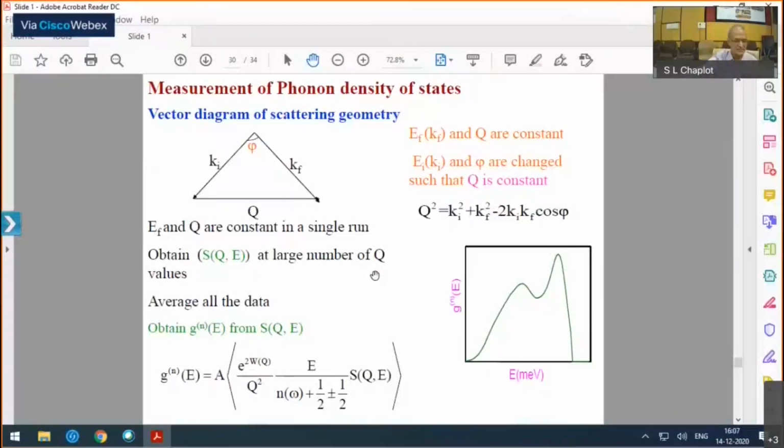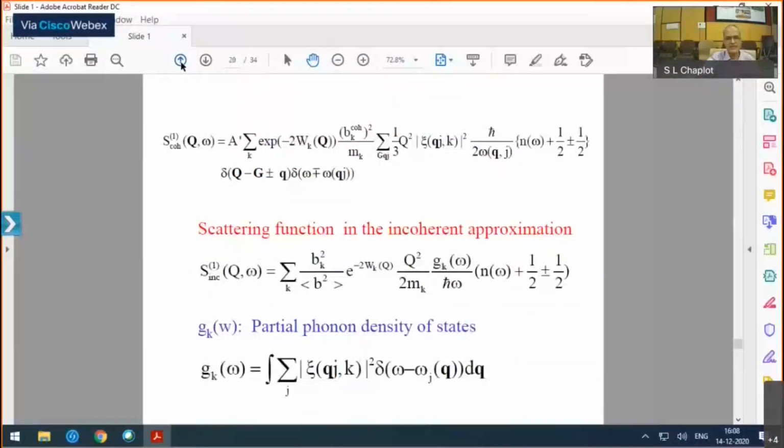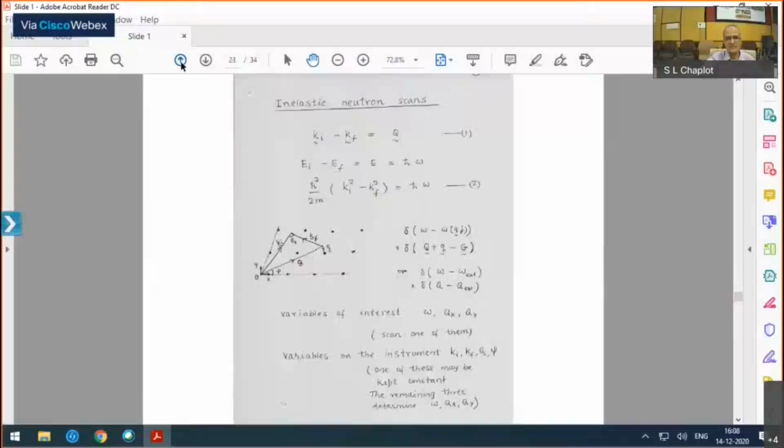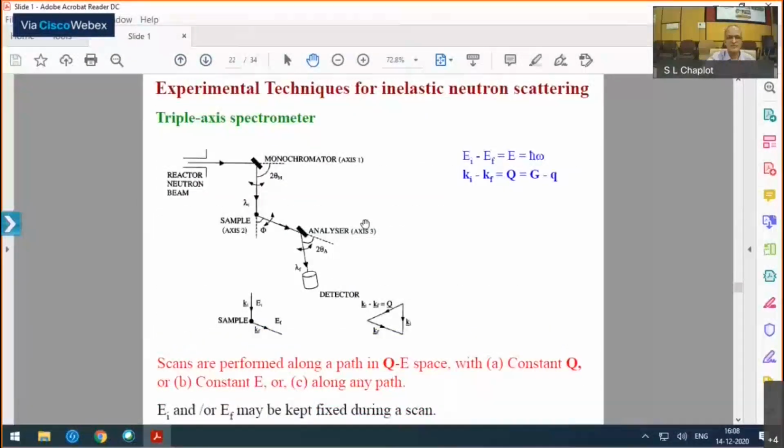The other thing is about the sample thickness. How much sample can one use? Quite often in neutron scattering, in typical instruments, the neutron beam size is about a few centimeters, maybe 4 centimeter by 4 centimeter.